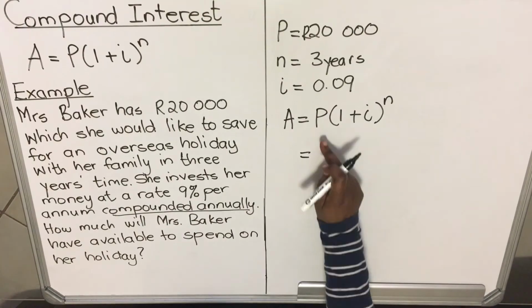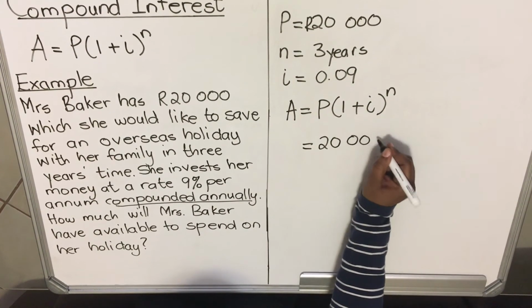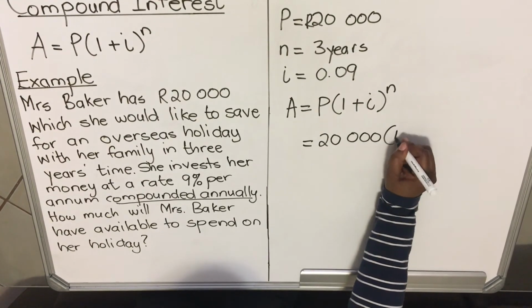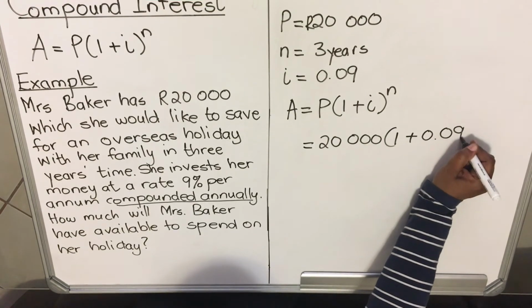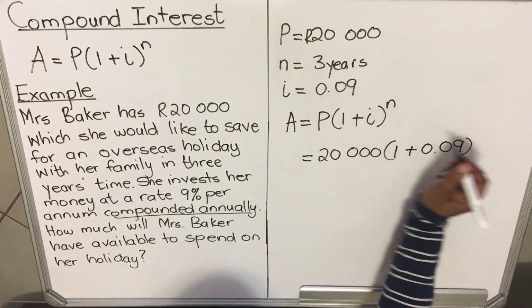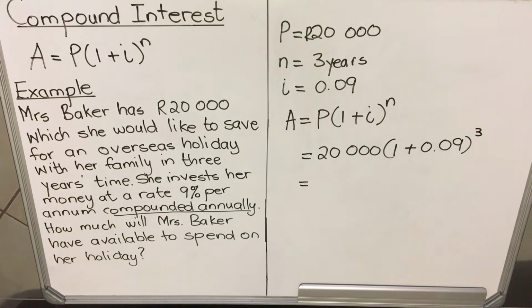Let's put values. Our P, the money that she invested, is 20,000. The formula comes with a 1. The interest rate is 0.09, and the number of years is 3. So the 3 is the exponent there. And then we take our calculator.